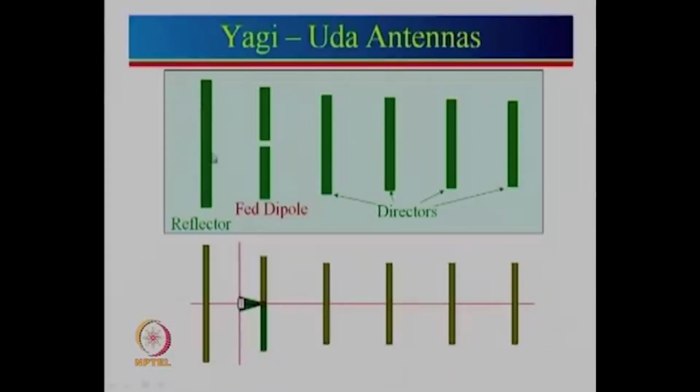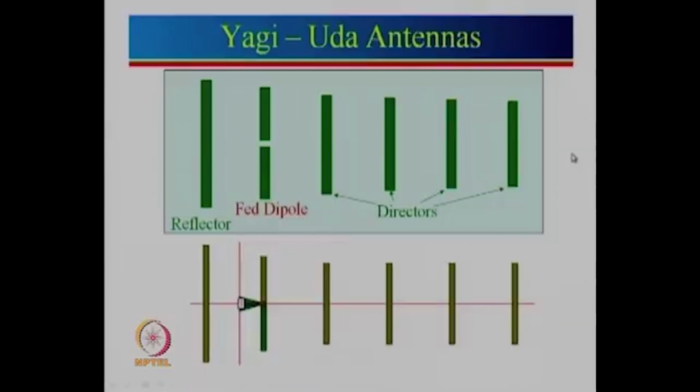So what is the purpose of the reflector? Let us say this dipole antenna will radiate like this, so that is the magnetic field, and it will reflect from here. Since it has a larger dimension, it will reflect in this direction. Now these are known as directors. The reflected wave goes in this direction and the directors direct the beam in this particular direction, so the maximum radiation is along this direction.